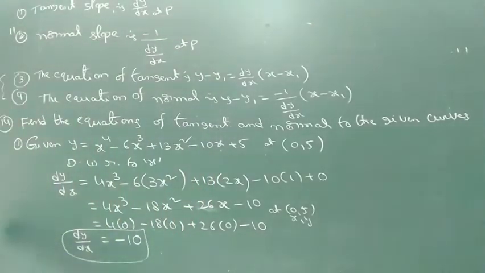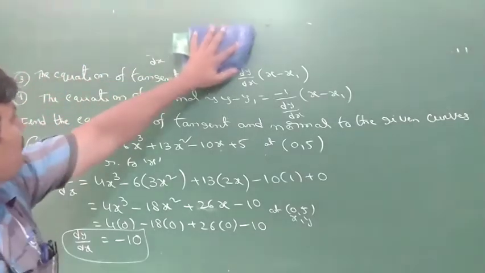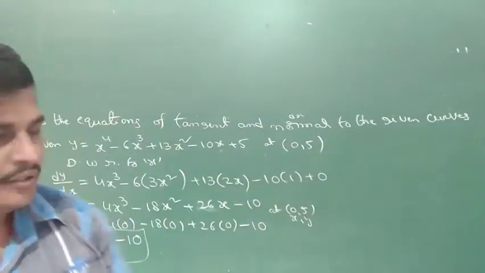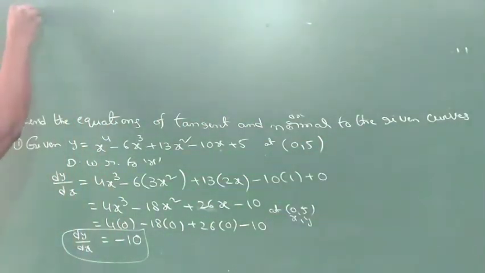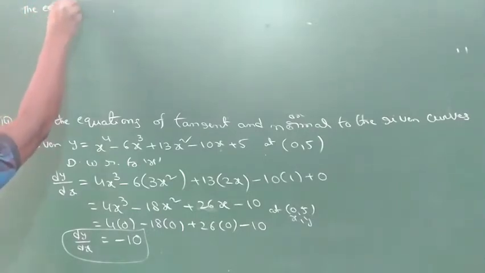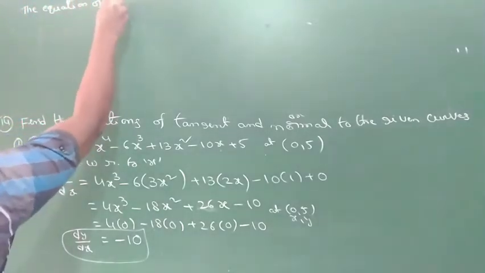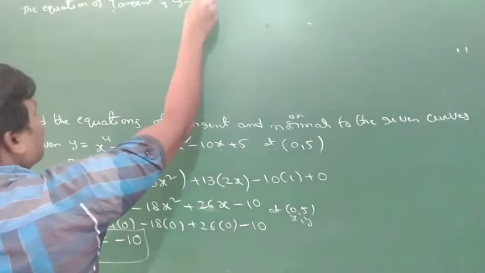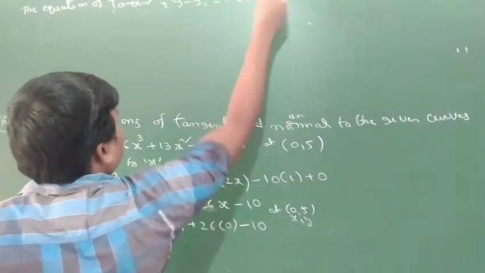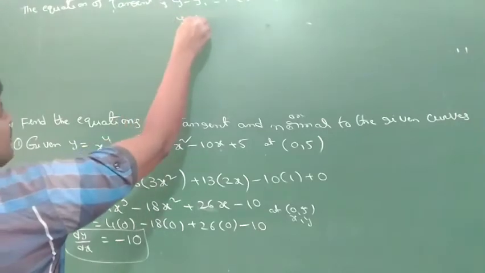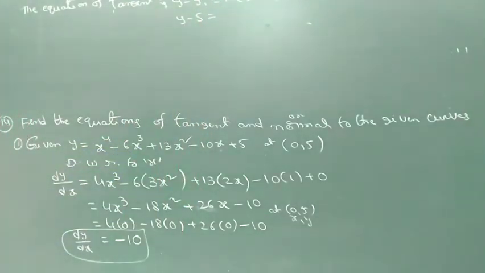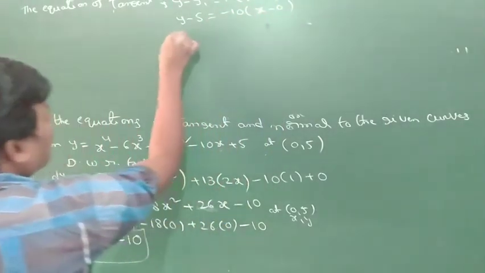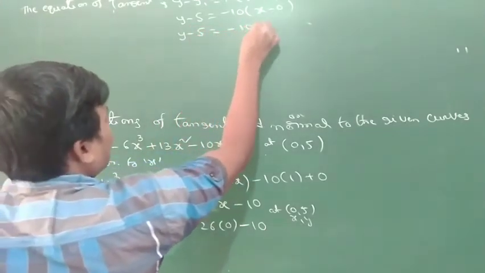The equation of tangent is y minus y1 is equal to m into x minus x1, so y minus 5 is equal to m, which means dy by dx, value minus 10, into x minus x1. y minus 5 is equal to minus 10 into x.